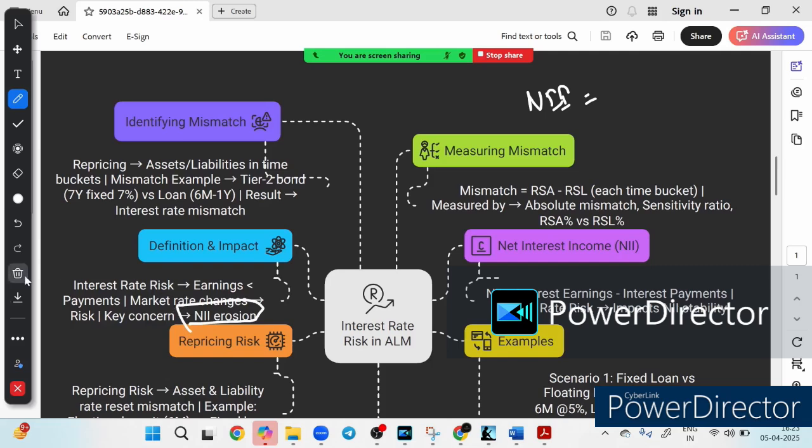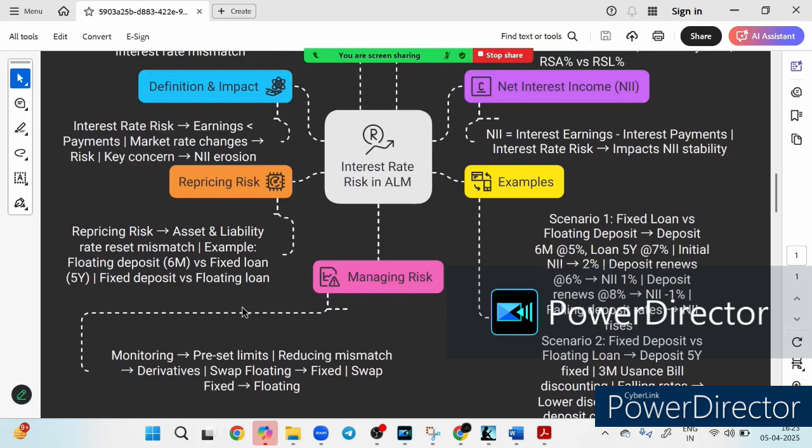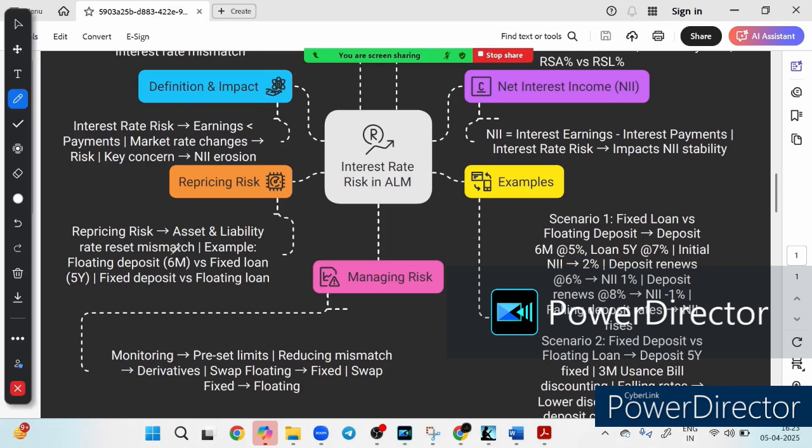Now one more thing is very important here, that is called repricing risk. Basically when assets and liabilities reprice at different times, it causes earning instability. Assets and liabilities are being repriced at different timing. For example, suppose there is a floating deposit of 6 months versus a fixed loan of 5 years. This is a kind of repricing. So if the deposit rate increases but the loan rate remains fixed, the bank's profit takes a hit.